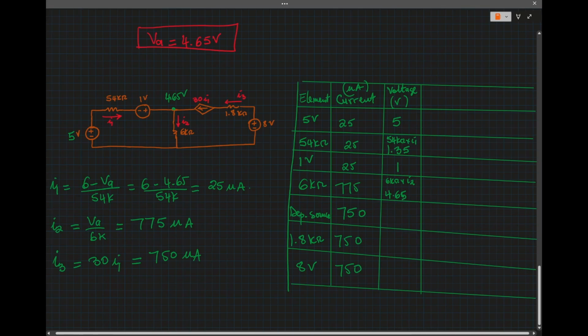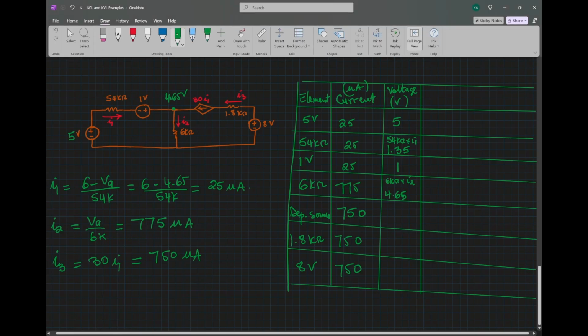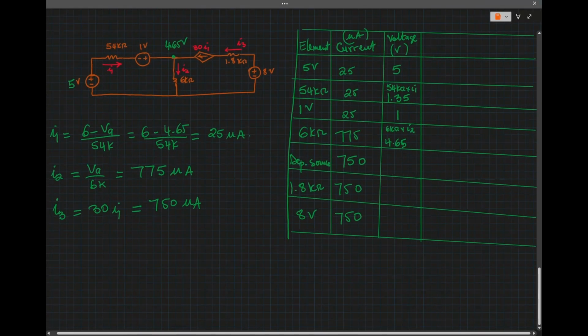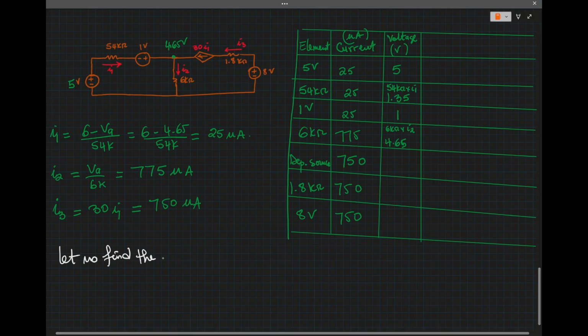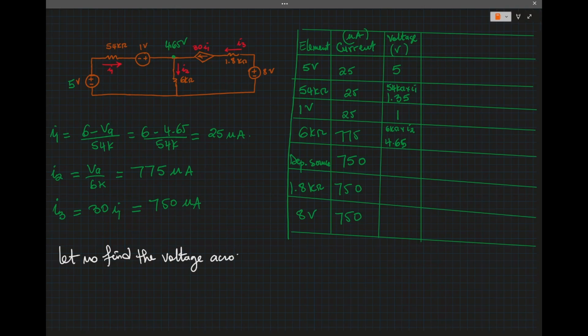Okay, for the dependent source. Now, how do we find the voltage across the dependent source? Let us find the voltage across the dependent source.